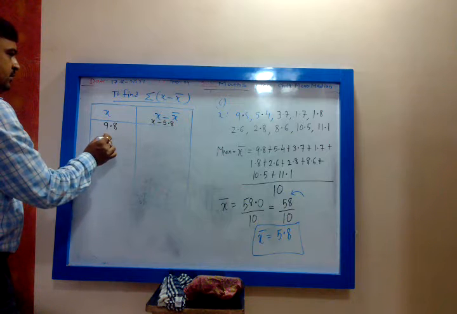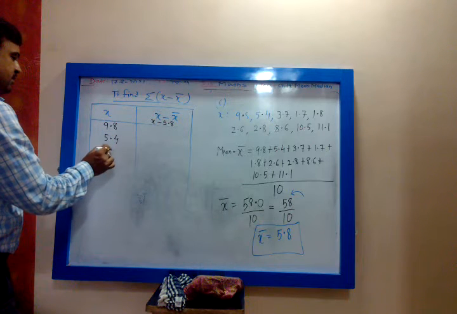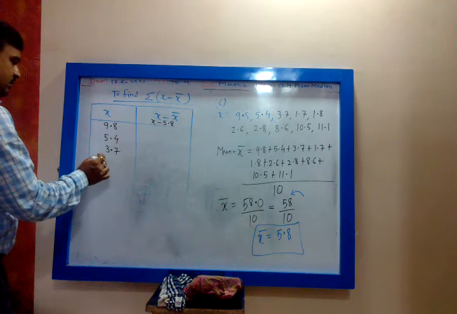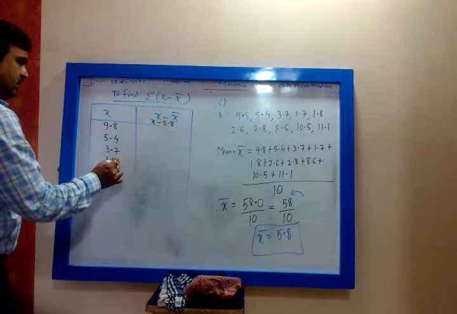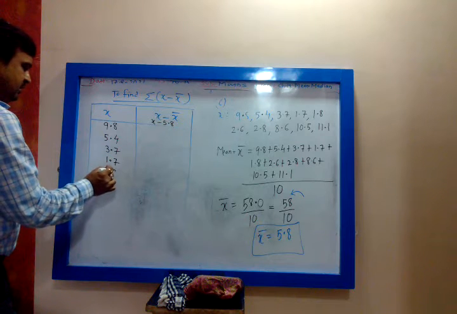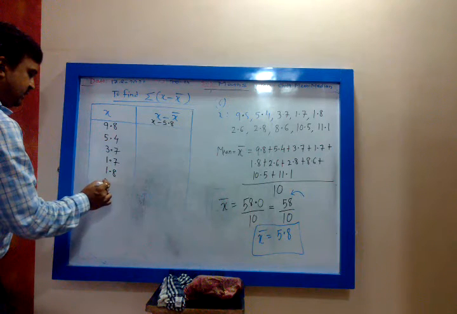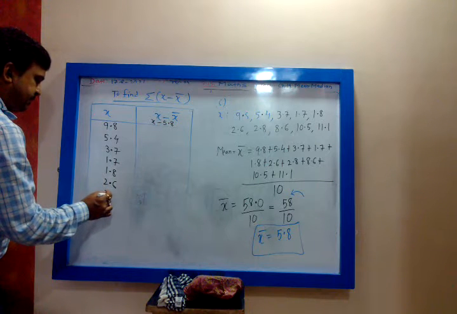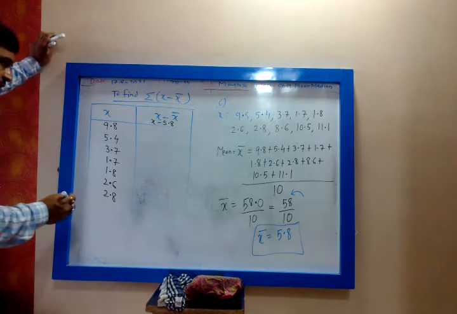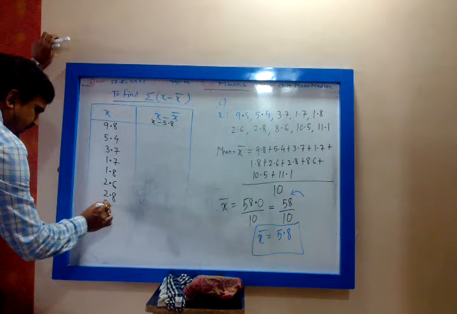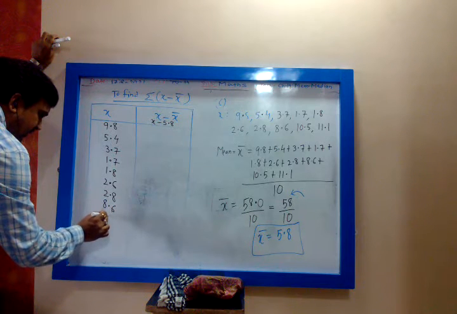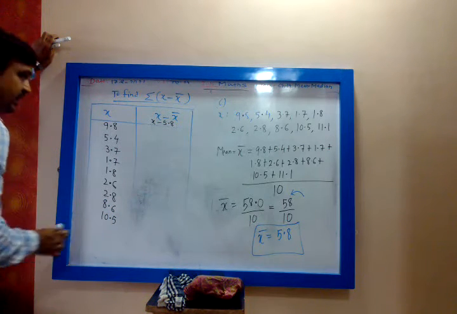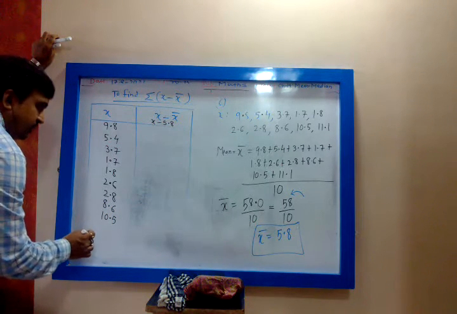Then 5.4, 3.7, then 1.7, 1.8, 2.6, 2.8, then 8.6, 10.5, then 11.1.